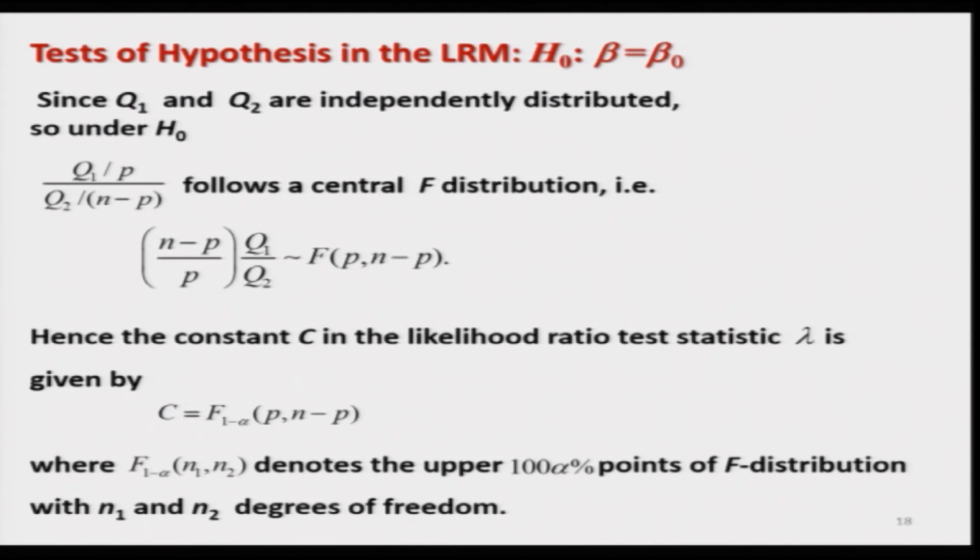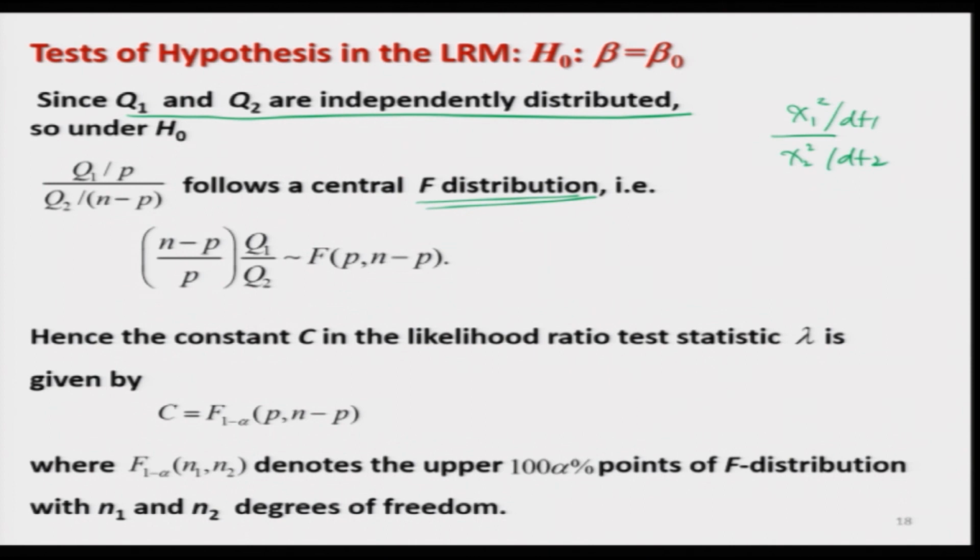Now, after having this result, we have seen that Q1 and Q2 are independently distributed under H naught. If you recall how we defined the F distribution, it was the ratio of two independent chi-square random variables divided by their degrees of freedom, which follows an F distribution with degrees of freedom df1 and df2 in the numerator and denominator.